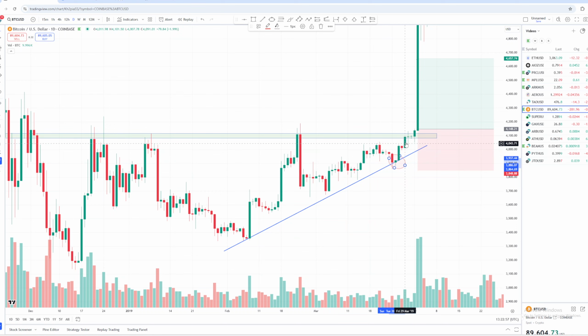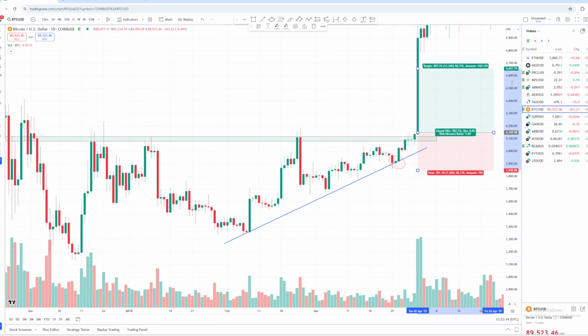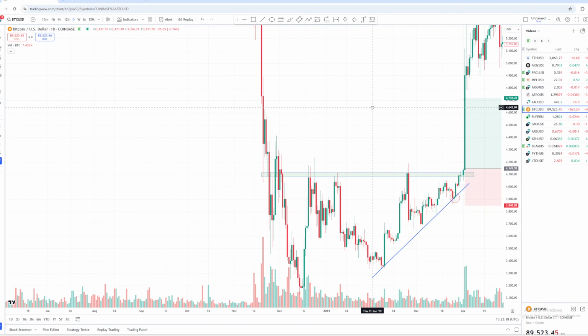And then this is where the last move started, the last move that caused the breakout. So for me, this is a significant level here that I'm willing to base my risk off. And it's around 7 or 8% from where potentially I will be entering if I believe this breakout is happening right now. And then obviously the target you can set later depending on where we are at price discovery and so on.